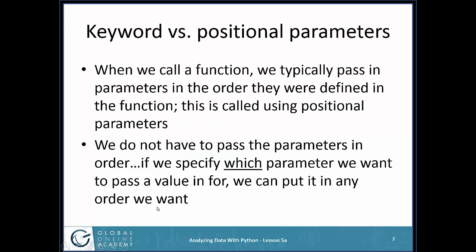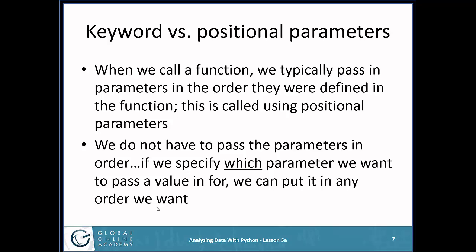Now, when we call a function, we typically pass in parameters in the order they were defined in the function. In the function on the previous page, you pass in A, then you pass in B. This is called using positional parameters. The one in the first position gets bound to the first variable name, the one in the second position gets bound to the second variable name, and so on. But we don't have to pass the parameters in order if we specify which parameter we want to pass a value in for.